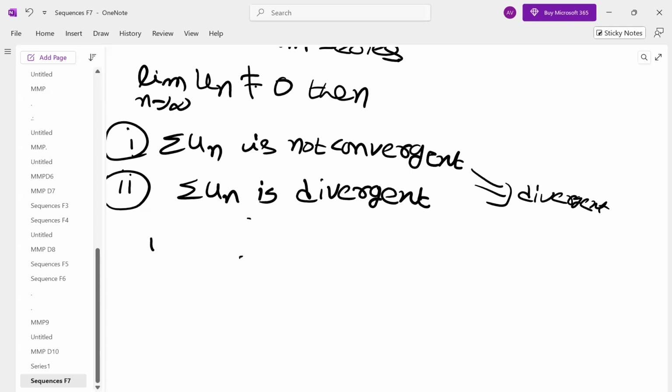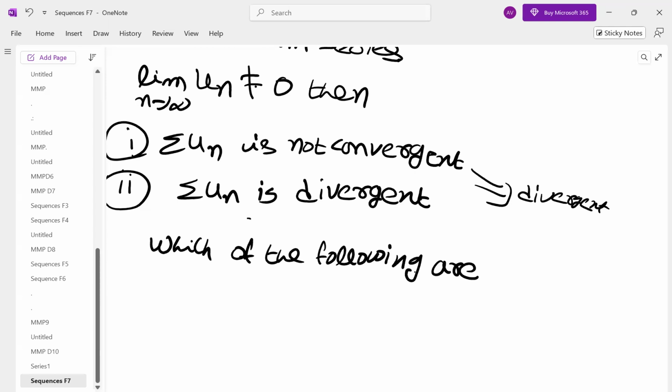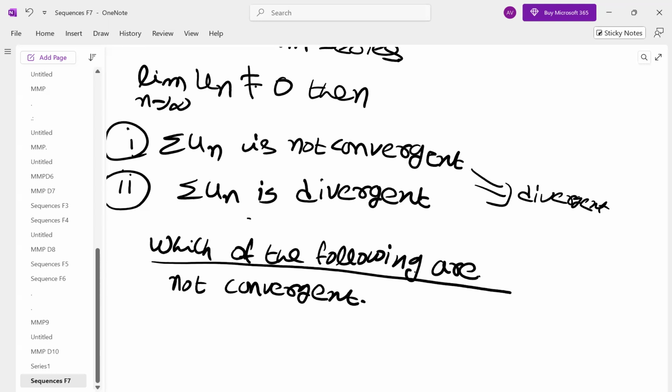Okay, so let us see. Which of the following are convergent or not convergent? How to know which is not convergent? Find out the limit. If the limit of the nth term is not 0, automatically it is not convergent.